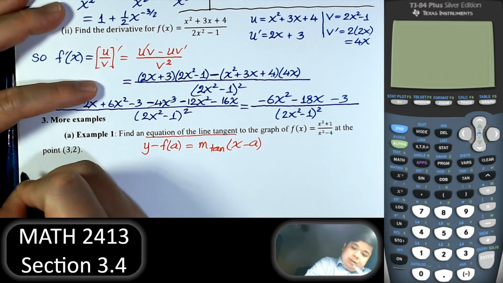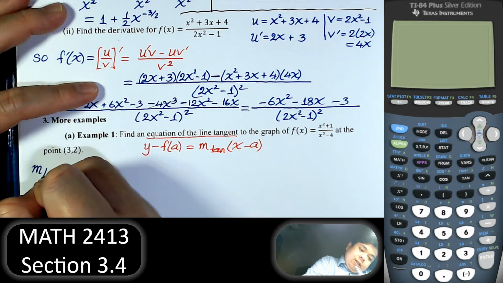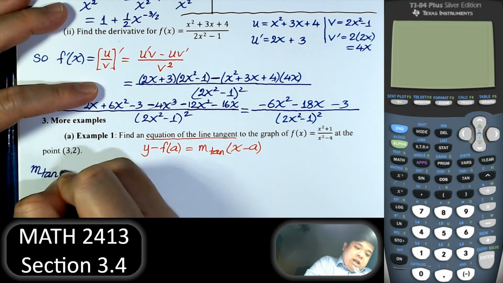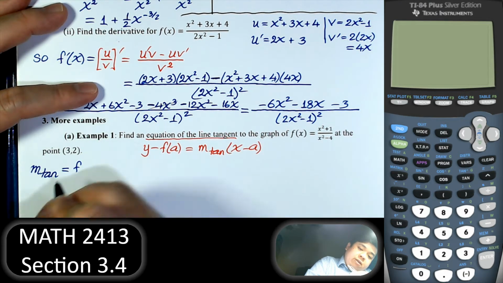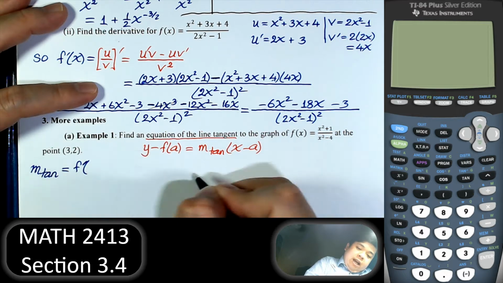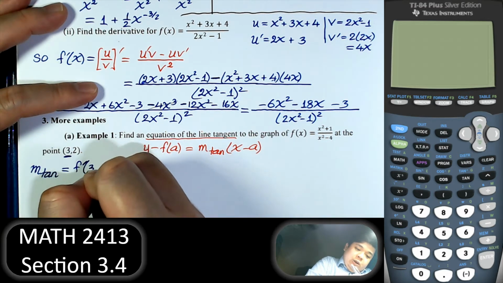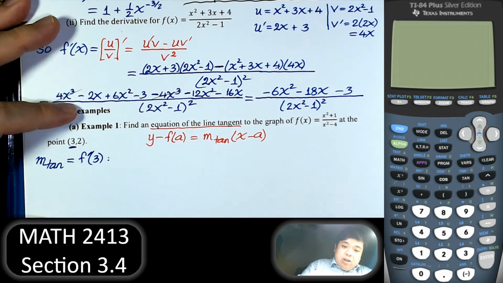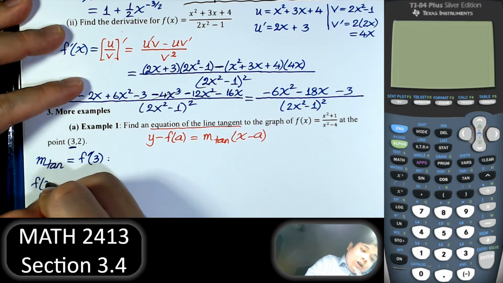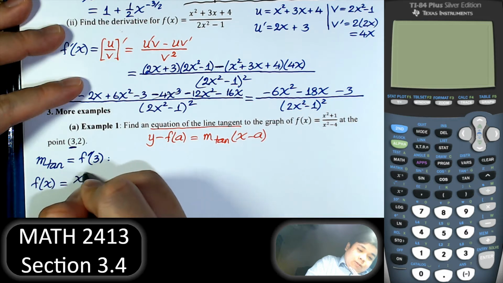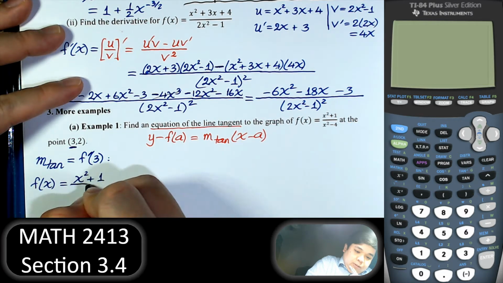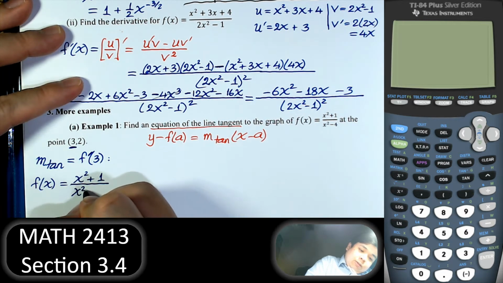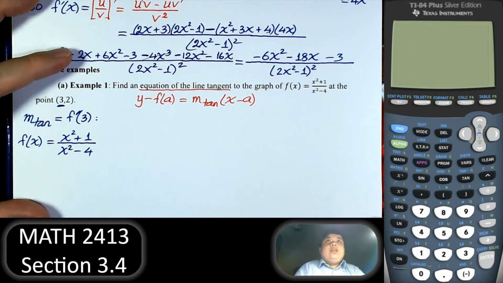So first, the slope of the tangent line is equal to the derivative at 3. So first, this is the function. I will just rewrite the function. Then let's take the derivative.